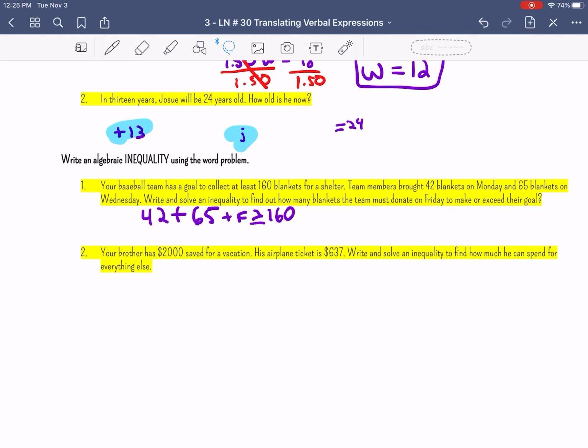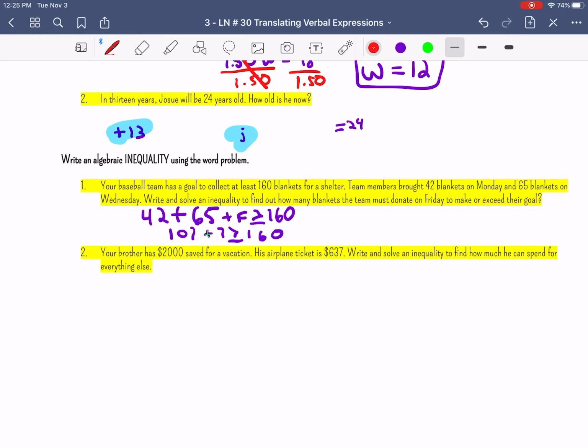Okay? So 42 plus 65, you know I always need my calculator to make sure. 107. So this is being added.